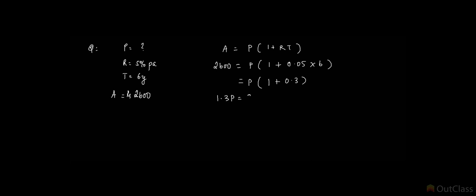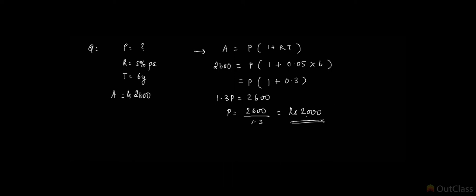A is equal to P into 1 plus RT. 2600 is equal to P into 1 plus 0.05 into 6, is equal to P into 1 plus 0.3. So that's basically 1.3 P is equal to 2600, which will give you P is equal to 2600 by 1.3, is equal to 2000 rupees. That's a direct application of the formula.